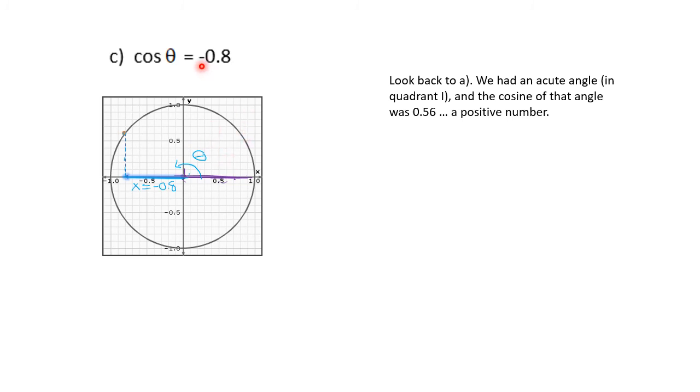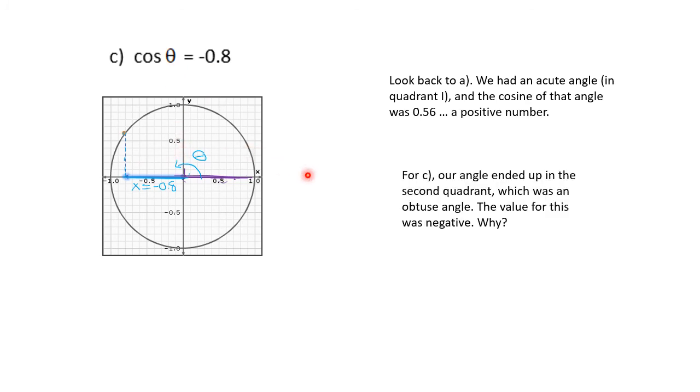When x is negative, like this one, we're in quadrant 2 because our x values are negative here. If our x values are negative in quadrant 2, a negative number, then we would expect an obtuse angle, which is what we drew in quadrant 2. For question C, our angle ended up in the second quadrant, which is an obtuse angle.